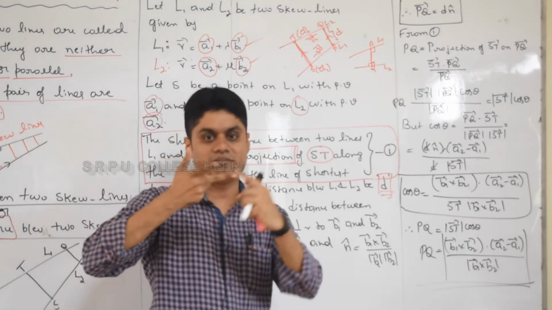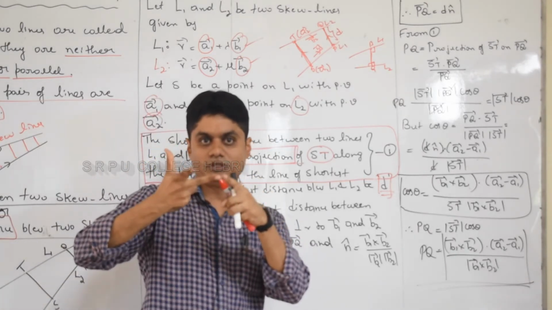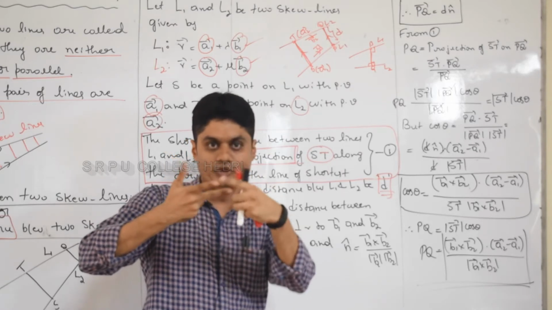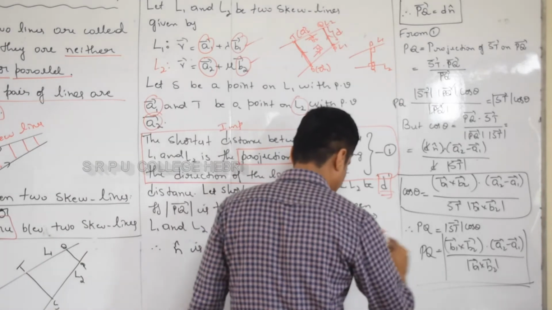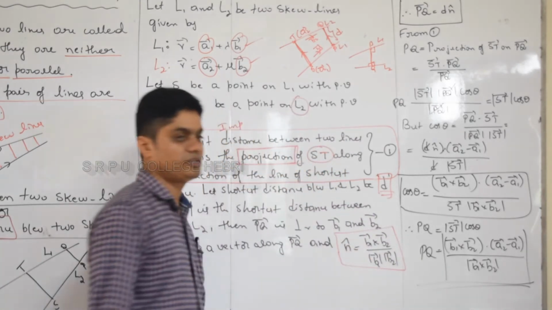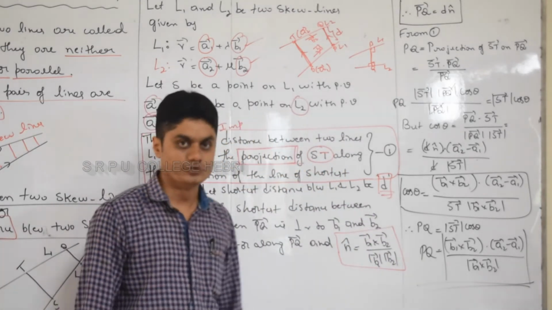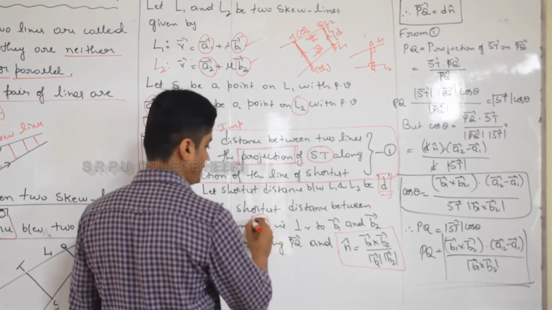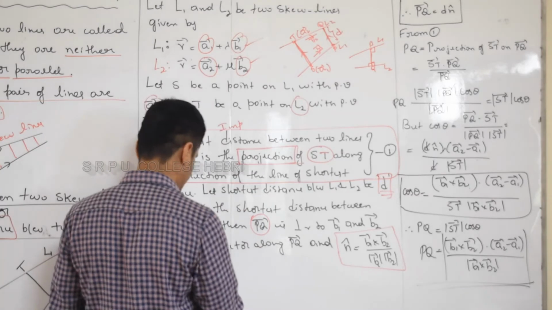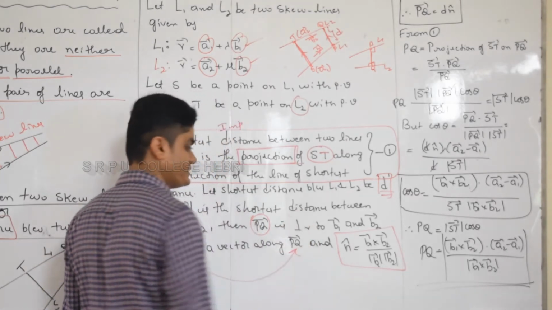This is B1, this is B2. So n cap will be perpendicular to both B1 and B2. I explained this formula clearly in vectors. N cap is vector B1 cross B2 divided by their magnitudes. So what we understood from the diagram is that vector PQ is along n cap, one and the same.